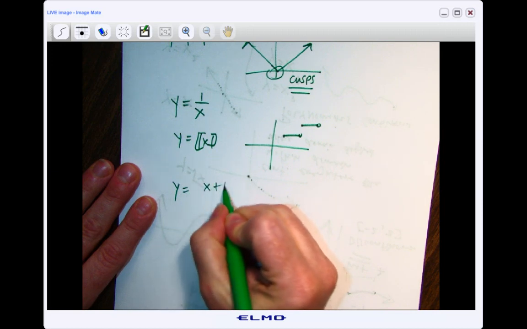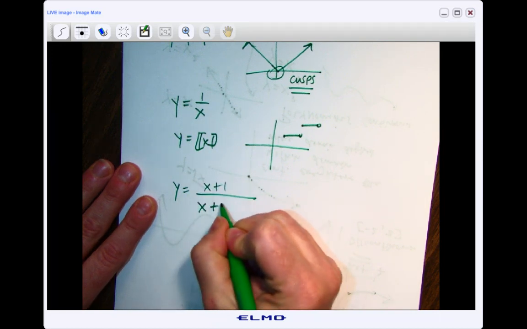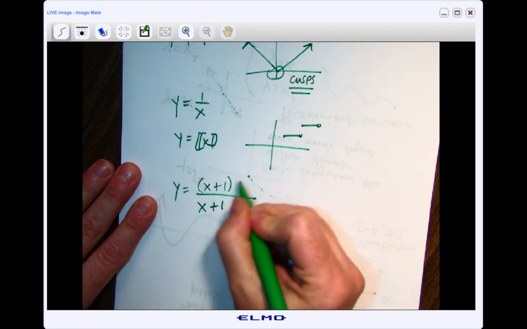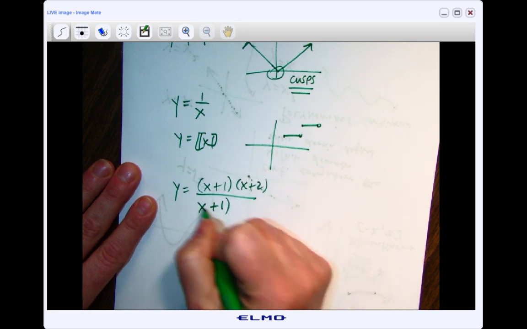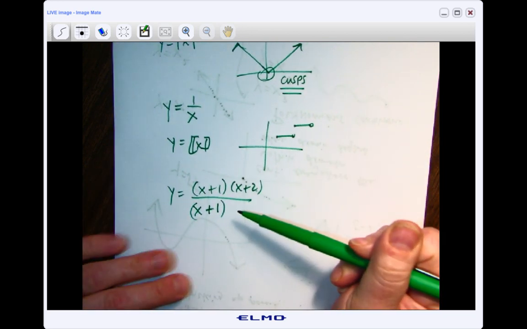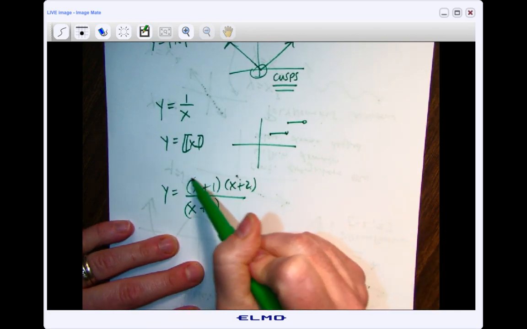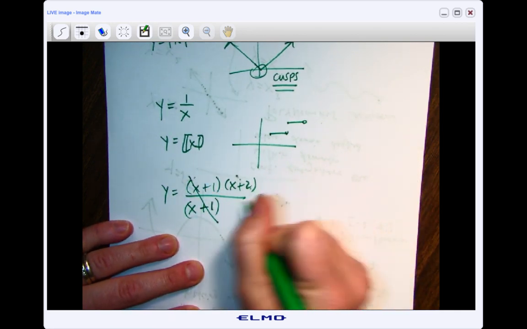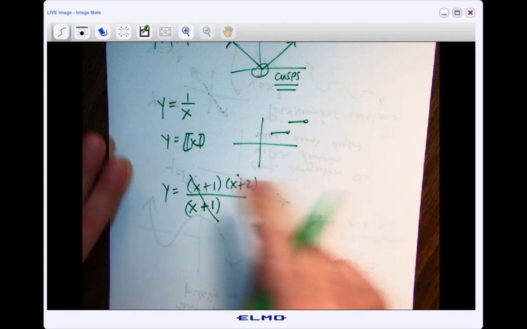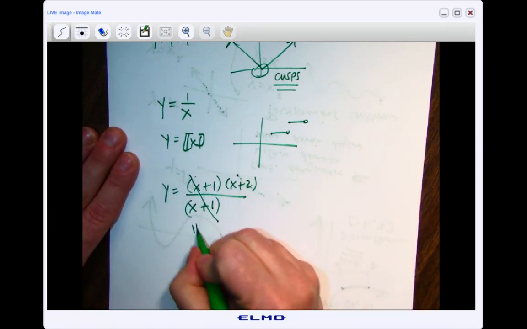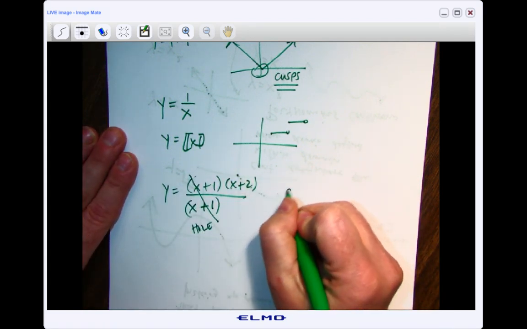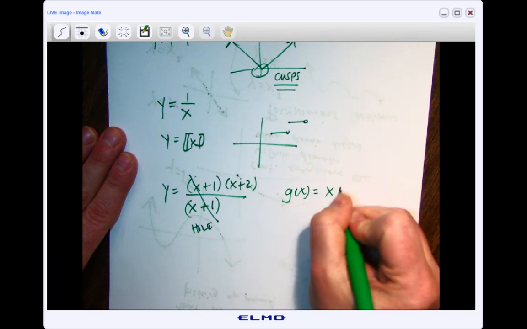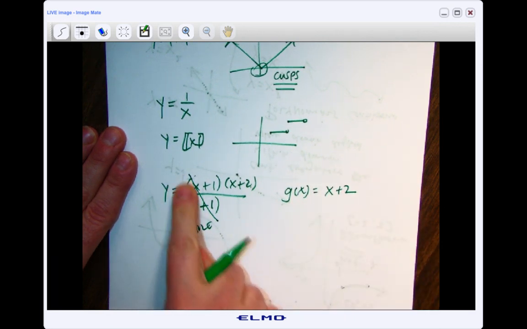Even something like this. Let's say x plus 1 over x plus 1. We'll do x plus 2. So what does this function look like? This is a rational function, but when you cancel these out, it's actually his twin, right? So there's a hole here. Like if you were looking at somebody that looked just like him, except for this hole, it would be this.